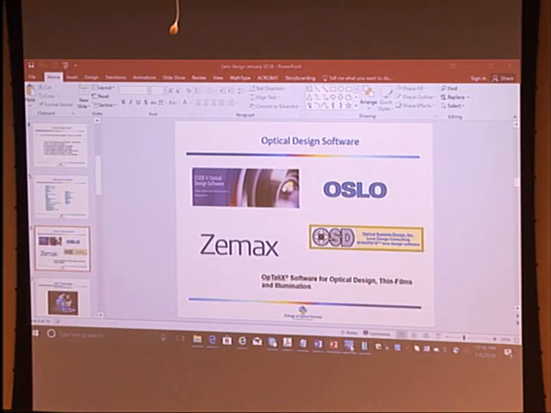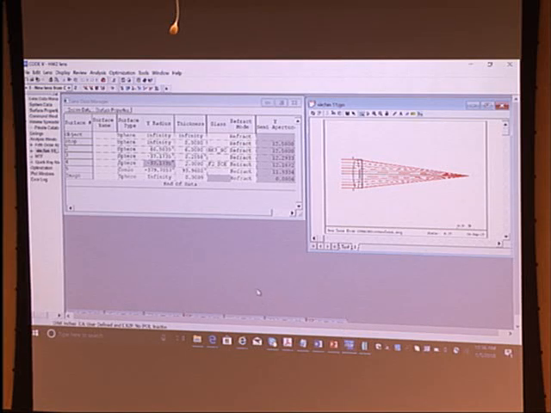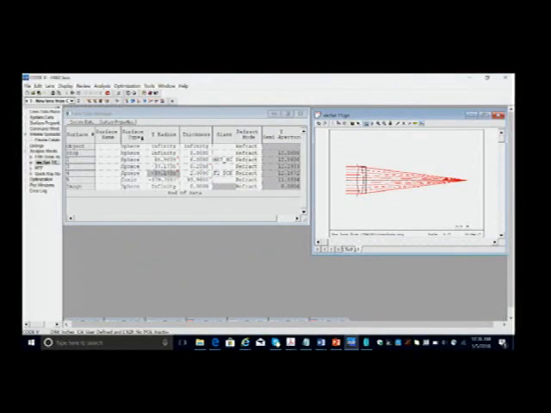I have over here Code V, and it has a doublet lens. These are very, very powerful programs, and you can do quite complex analysis and modeling of optical systems. But I'm just showing you a very simple doublet.